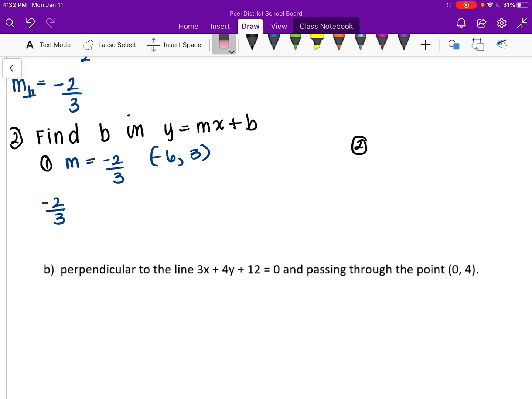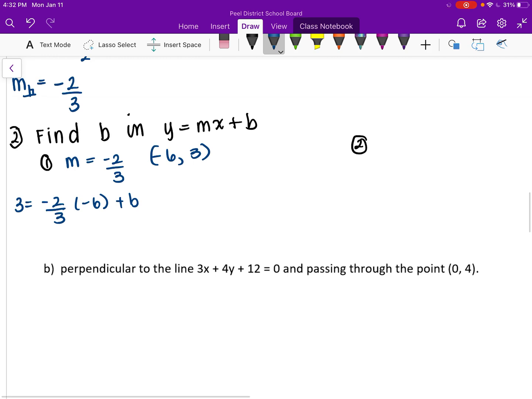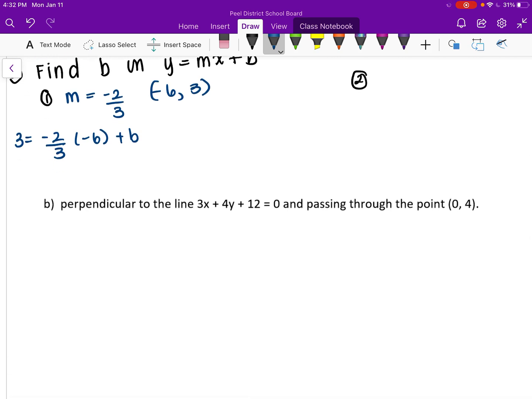I'm just going to replace my y with my y value from there, 3. X, and my x value I know is going to be negative 6. Plus b. I don't know what b is, so that's the one that I'm going to have to figure out. So I'm just going to do the math.